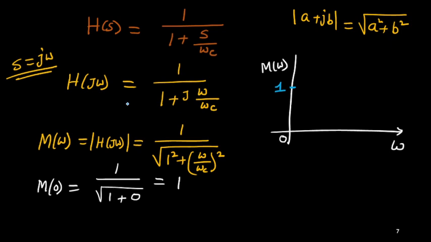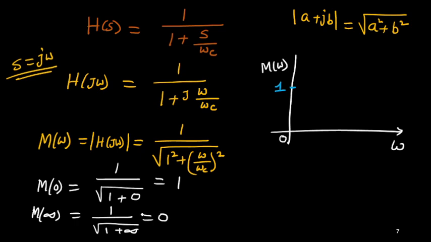Now can you see at omega equal to infinity? If you go for infinity, omega very large, what is happening? 1 over square root, this is 1, and this omega infinity square will become infinity, so this is also infinite. So 1 over infinity will become almost 0.